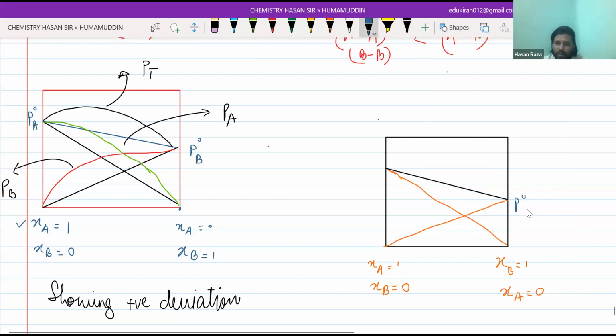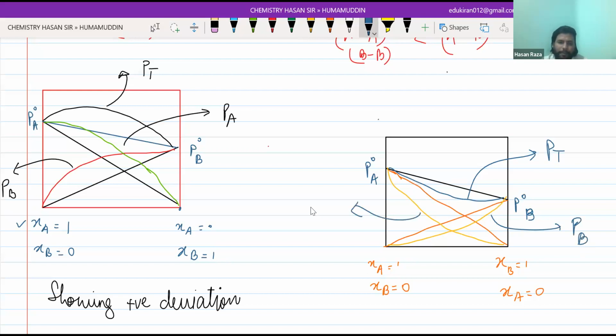This will be for P naught B, and this is for P naught A. Now, if you want to draw a graph for the non-ideal solution which shows negative deviation, the vapor pressure decreases in this way, and also the total vapor pressure decreases. This is your PT. In the same way, this is your PB, and this is your PA.